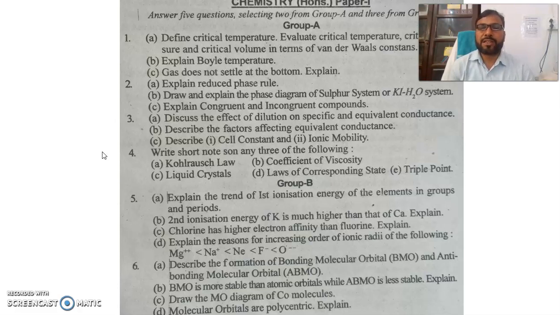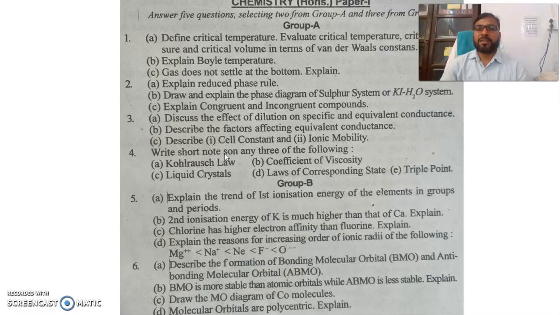The next question, discuss the effect of dilution on specific and equivalent conductance. Describe the factors affecting equivalent conductance and describe cell constant and ionic mobility. And question number 4, write short notes. There is a little bit of mistake, the position of S has changed, so be careful.